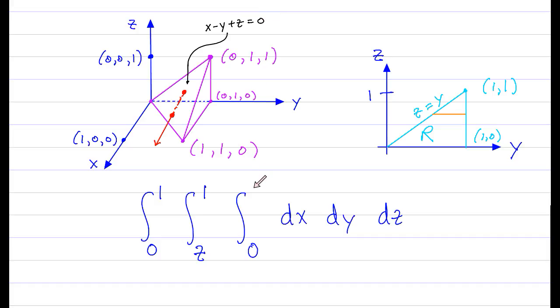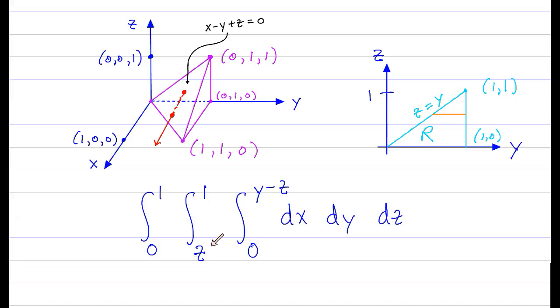That's what goes right here at my upper bound. So I'll just fill that in right here. There it is. That is our x integral. By that I mean x was on the inside and our R region, our shadow region, was in the YZ plane.